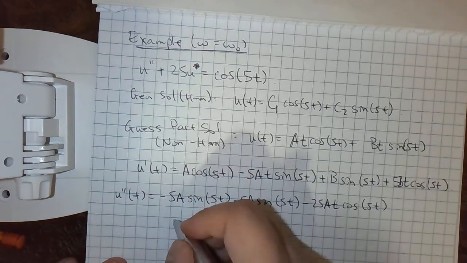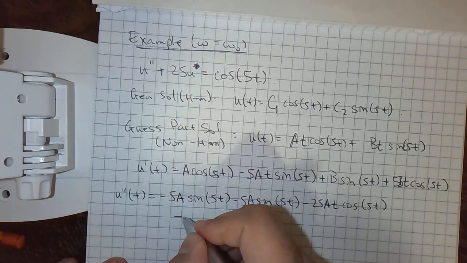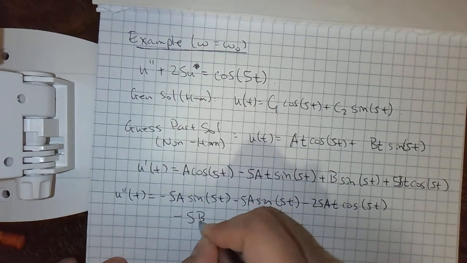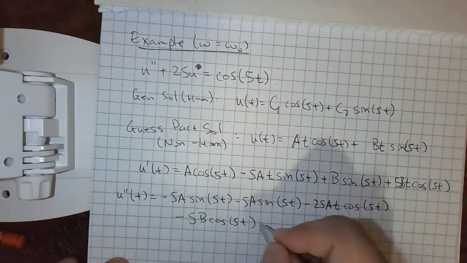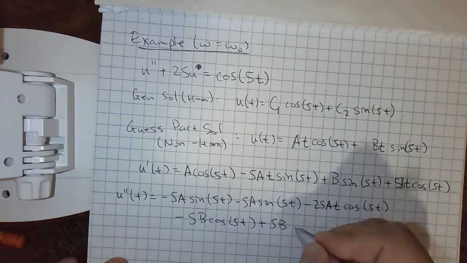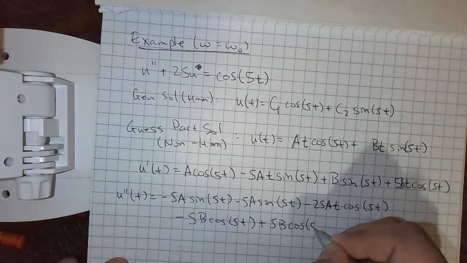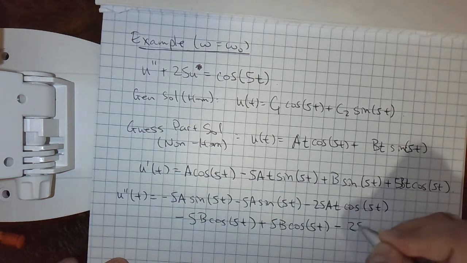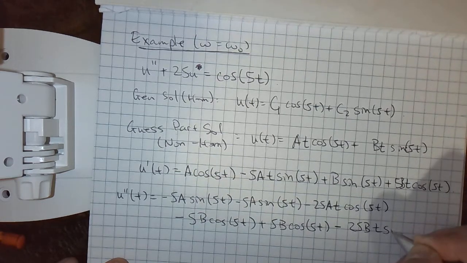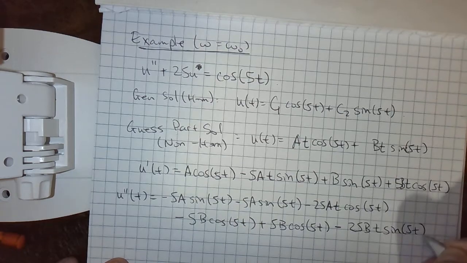And then this part's nice again, so this is minus 5b cosine 5t. And then this part needs a product rule, so it's plus 5b, derivative of t is 1, cosine 5t. And then we have a minus 25bt sine 5t. Hopefully I did that all right.